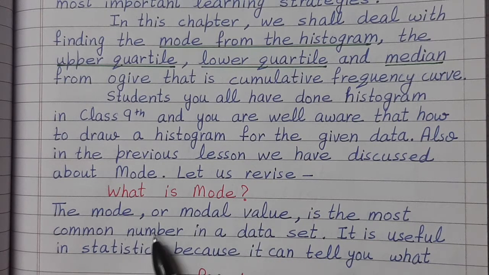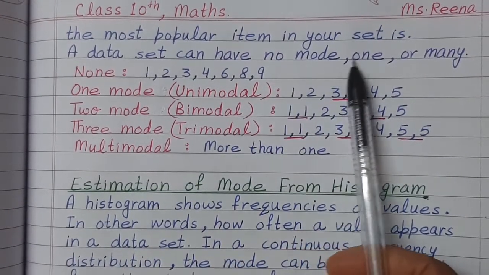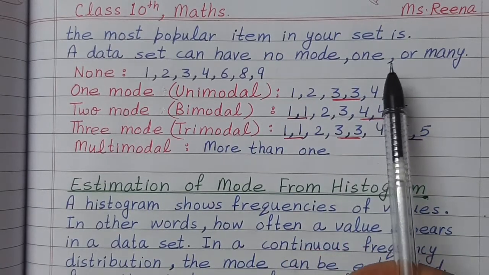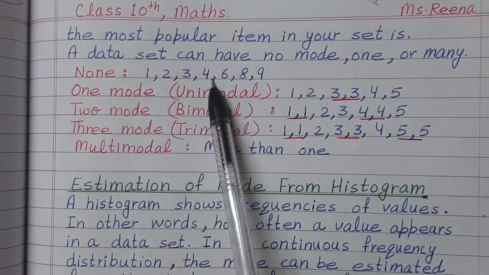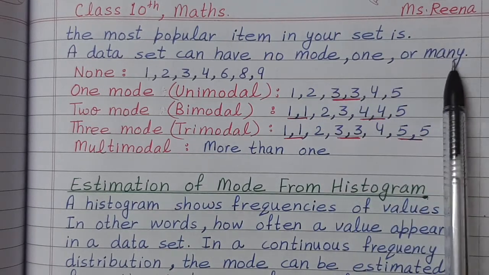The mode or modal value is the most common number in a data set. It is useful in statistics because it shows the most popular item in your set, or we can say the number of observations. A data set can have no mode, one or many.